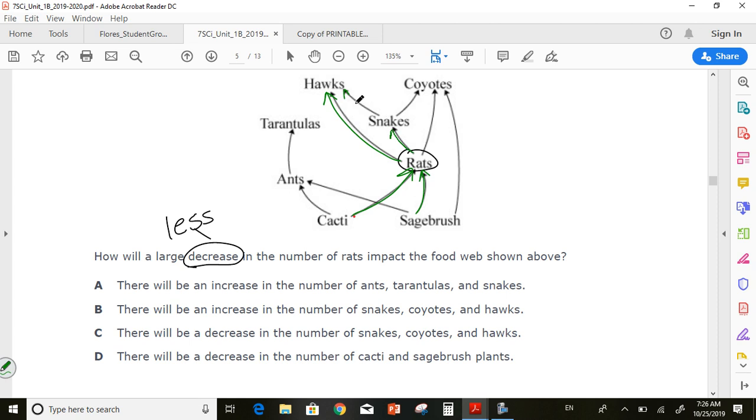The snake being connected, and the coyote. So all of these are going to be, since they're connected to the rat, they are going to be impacted.